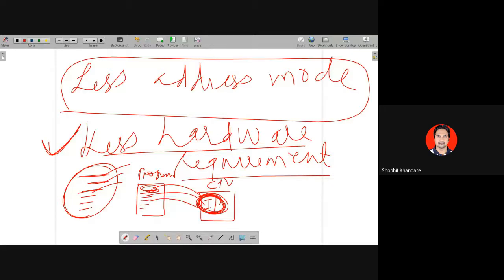That is why the instruction decoder is also simple. I hope you have understood this point also. Is it clear?